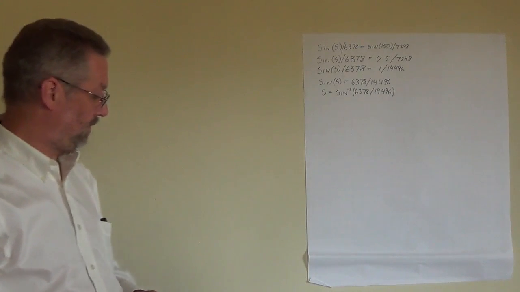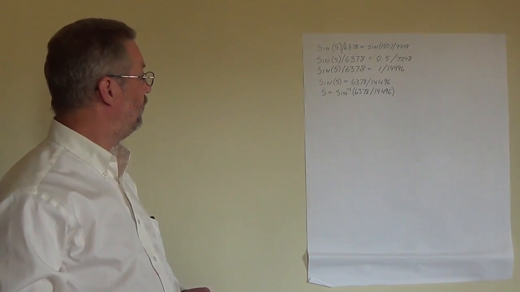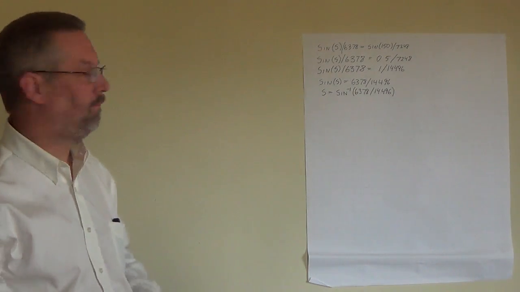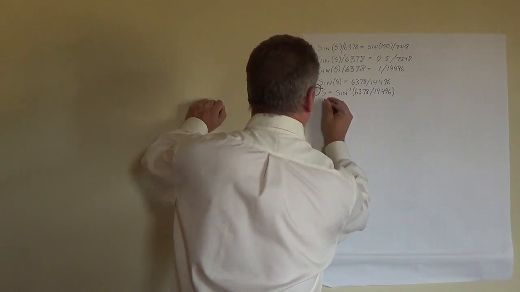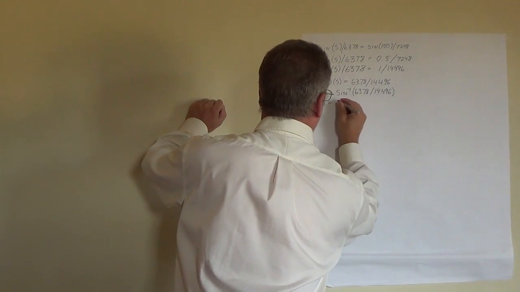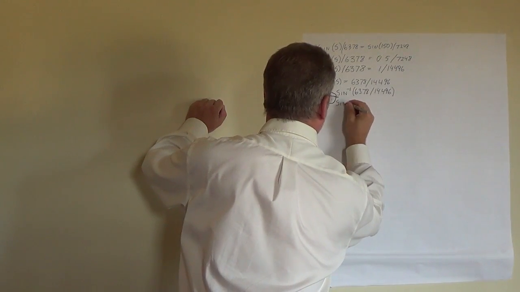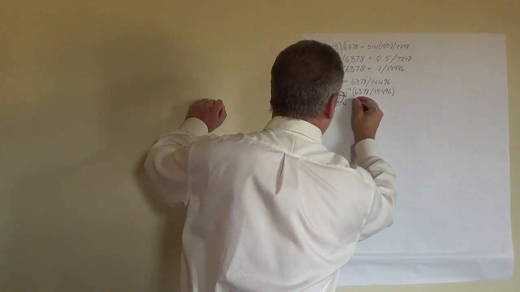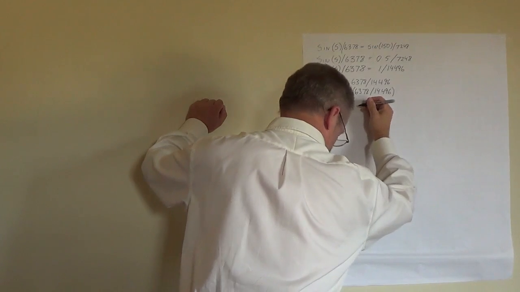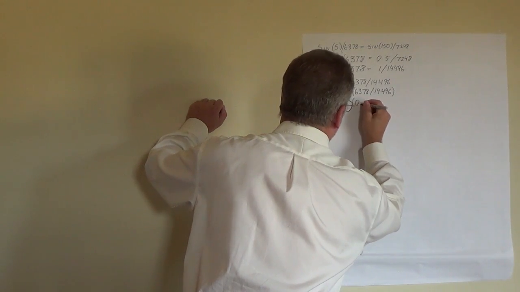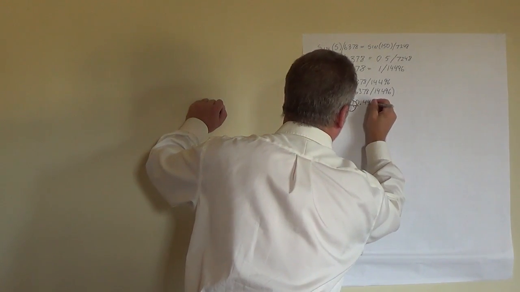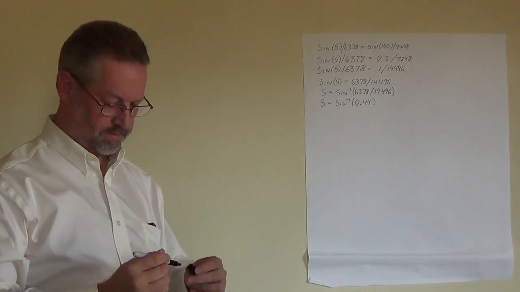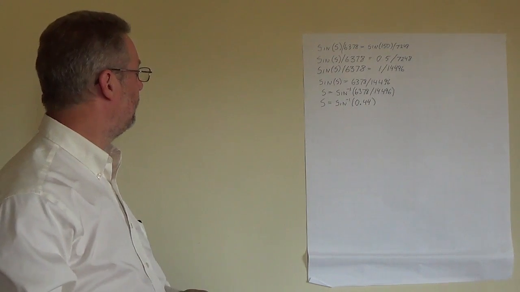Now the next step is to solve something. Let's solve our real numbers there. S equals sine negative 1, and that comes to, and I'll put it in parentheses to make it clear, 0.44. Now that's a fairly accurate approximation, but we'll just call it close enough.